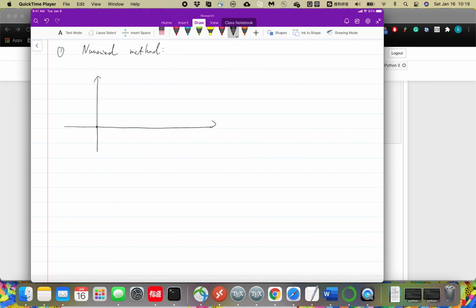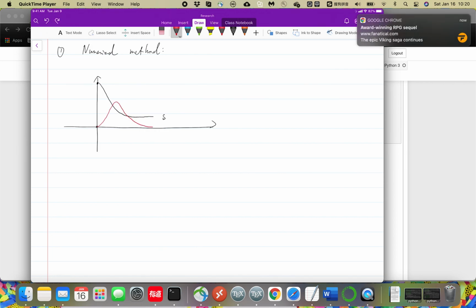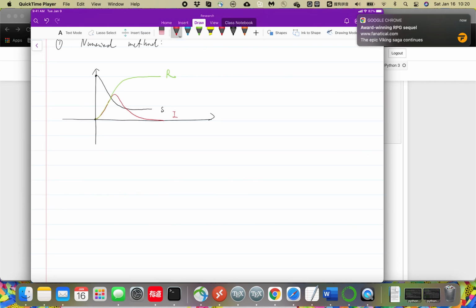Depending on initial condition, but roughly, what will happen is the susceptible drops. This is your S. The infected goes like that. Eventually, of course, I didn't draw it carefully, but eventually they will go to 0. So this will be the infected. This will be the recovered. The period here we will call a pandemic.